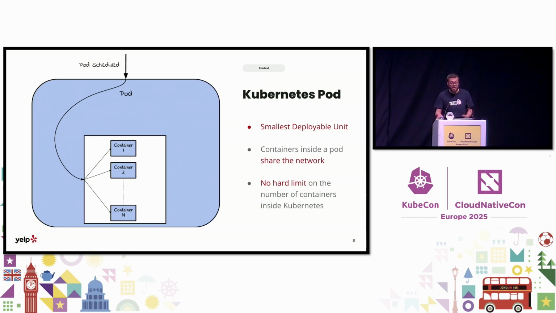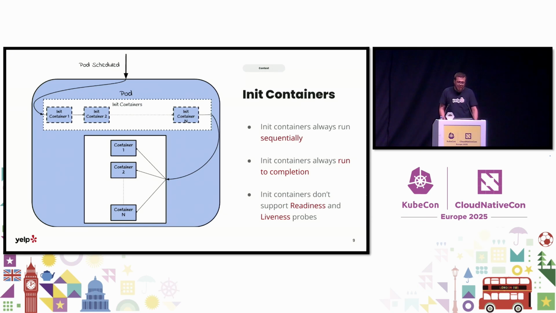Now there can be cases where we need to perform certain steps before these containers start, and that's where init containers come into play. These init containers are specialized containers that make sure everything is set up before the main application is running. However, a few key differences here.